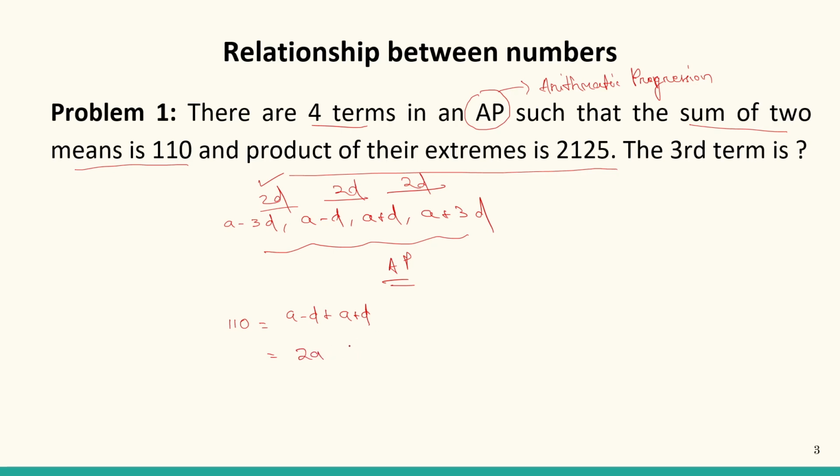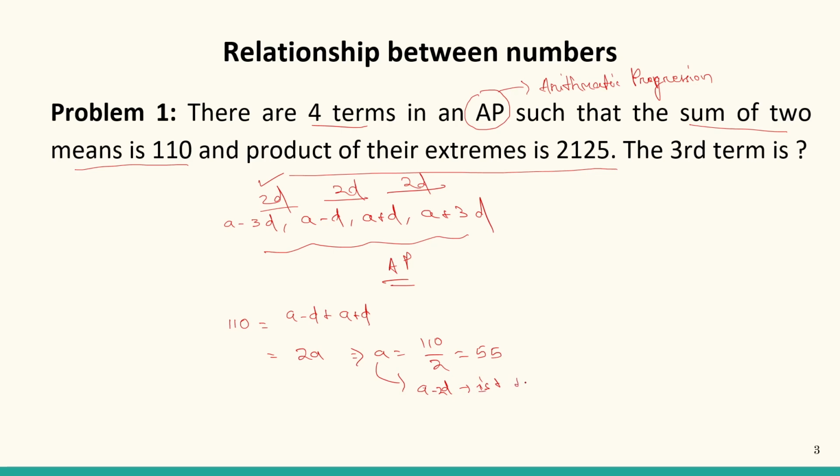So 2a is equal to 110, which implies that a is equal to 110 by 2, that is 55. So we have now evaluated a. In general form a is the first term of the AP, but here a minus 3d is the first term.